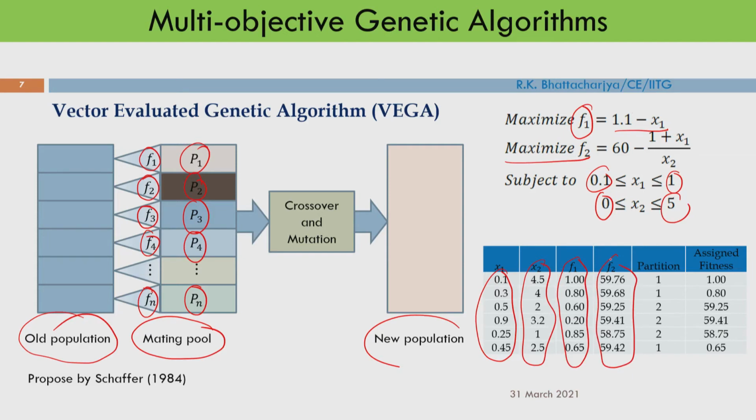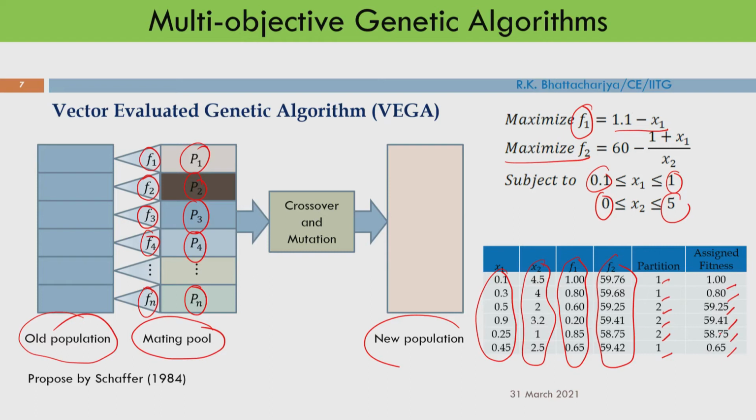Now, I have a partition, that means solutions 1, 2 and the last solution 6 are evaluated in terms of objective function 1. Therefore, their fitness values are 1, 0.8 and then 0.65, and similarly the 3rd, 4th and 5th solutions are evaluated in terms of objective 2. Therefore, their fitness values are 59.25, 59.41 and 58.75.